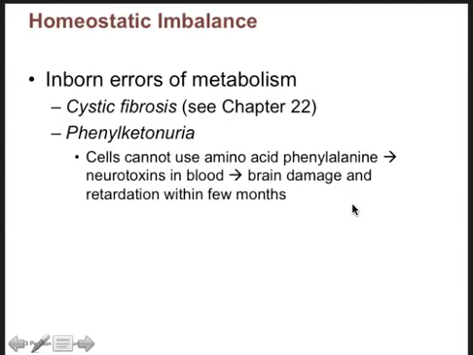This is a recessive disorder, so you have to have 2 bad copies of the gene in order for this disease to show up. And the way to treat this condition is to avoid anything with phenylalanine in it. Remember that phenylalanine is an amino acid, so you have to be very careful about the type of protein that you consume.